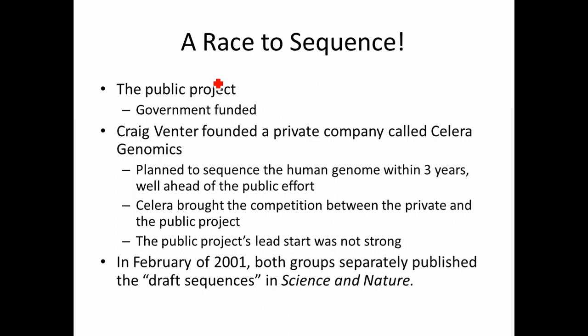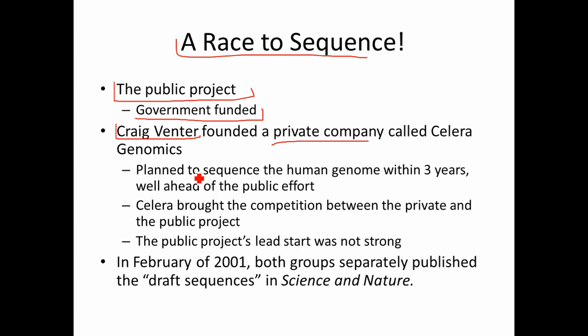Basically, the Human Genome Project was a race to sequence. There were two competing projects. There was the public project, which was government funded and carried out in academic institutions. And then there was a private company called Celera, founded by a scientist named Craig Venter.